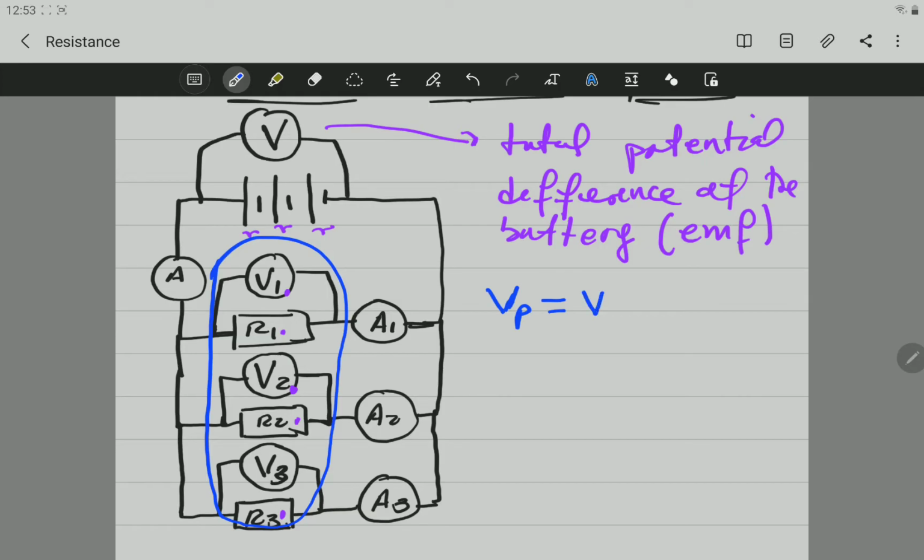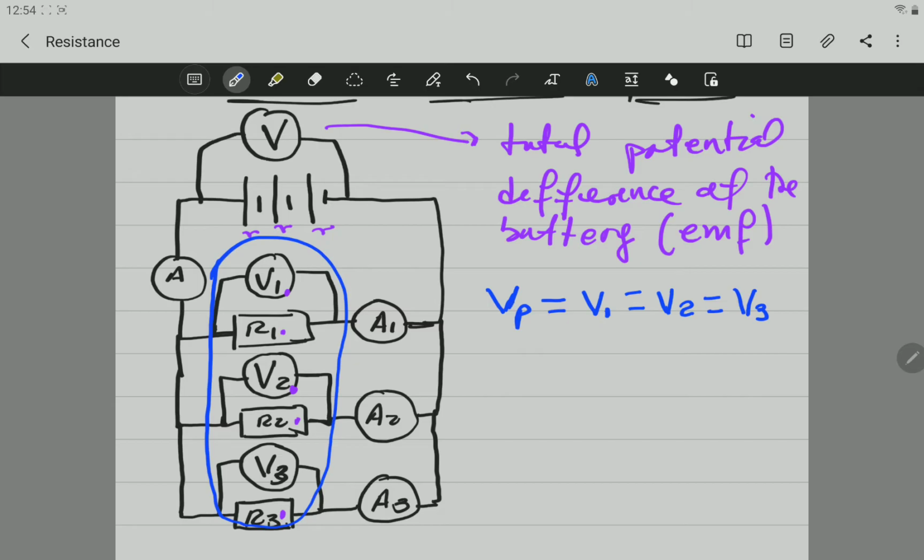So this one will be equal to the potential difference of the first resistor, and will be equal to the potential difference of the second resistor, and will be equal to the potential difference of the third resistor. So the potential difference across the parallel circuit will be the same. In this case, because you only have connections in parallel, the potential difference of the battery will also be the same. Right? So this is the potential difference across the parallel circuit.